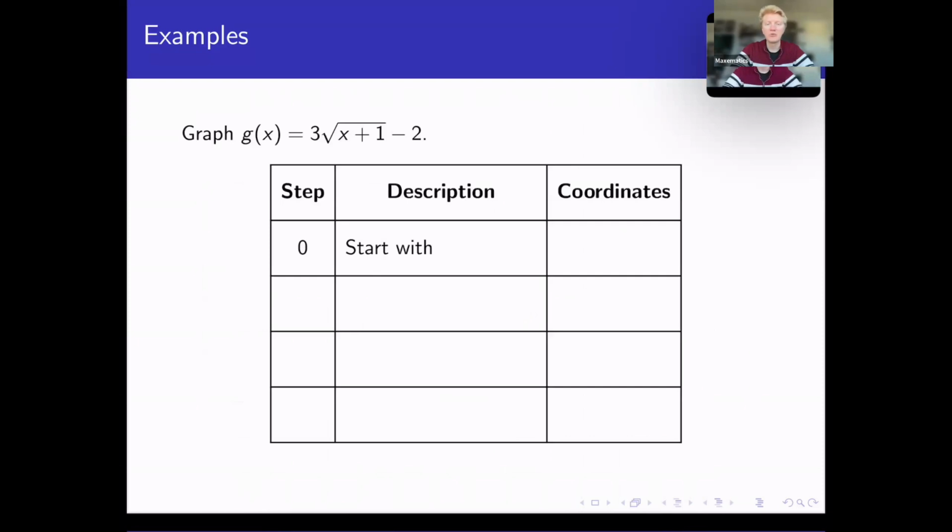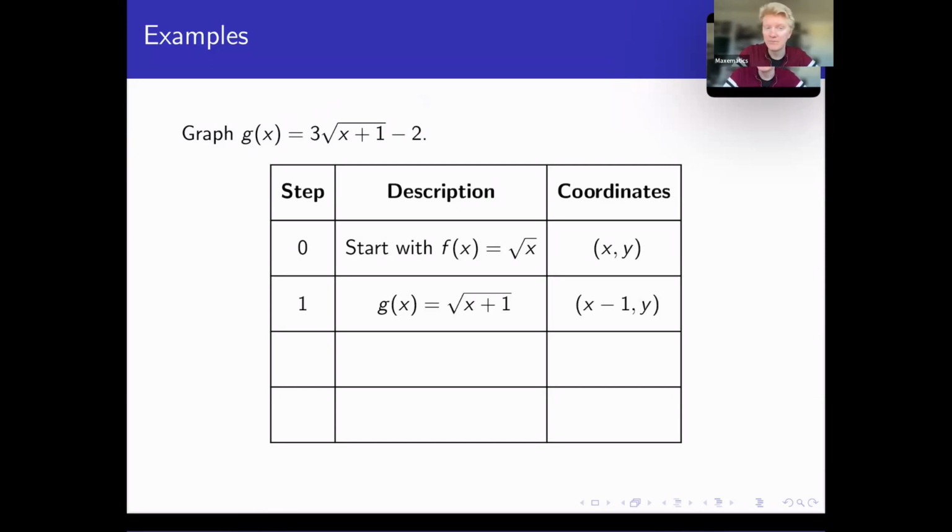Okay, let's do another one. 3 square root of x plus 1 minus 2. What we're going to do is start with square root of x, because that's our parent function, right? We see the square root here. First thing we would do is the plus 1, but plus 1 on the inside means shift to the left 1 unit.